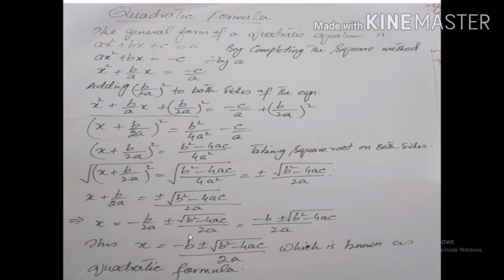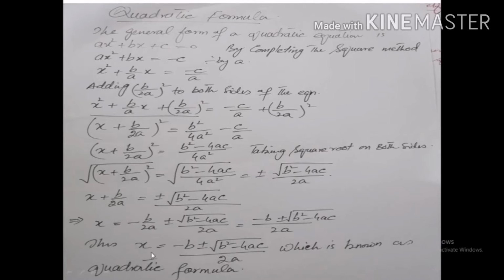Again by taking the LCM 2a, we get 2a as LCM, −b ± √(b² − 4ac). Thus x = (−b ± √(b² − 4ac))/2a, which is known as the quadratic formula, where a, b, c are the coefficients of x², x, and c is the constant term.